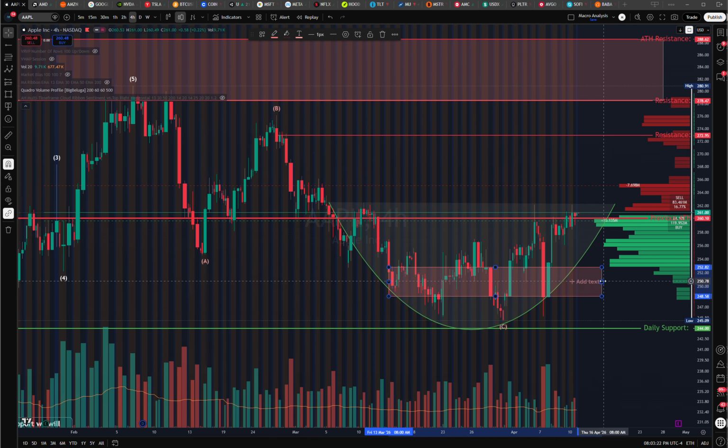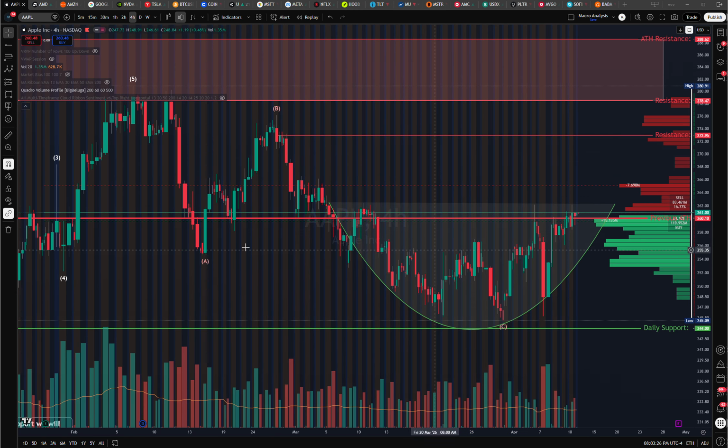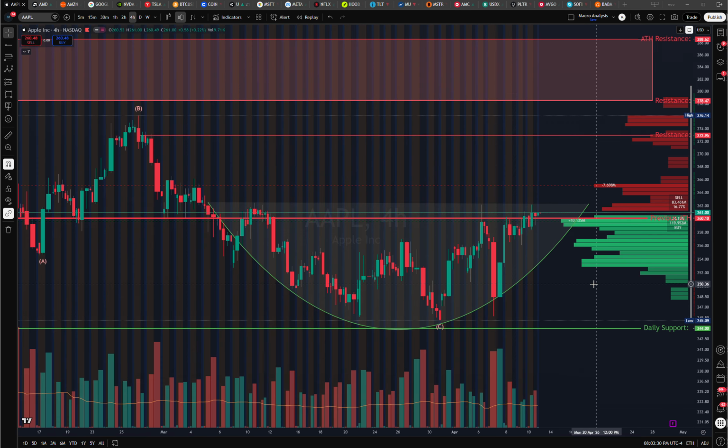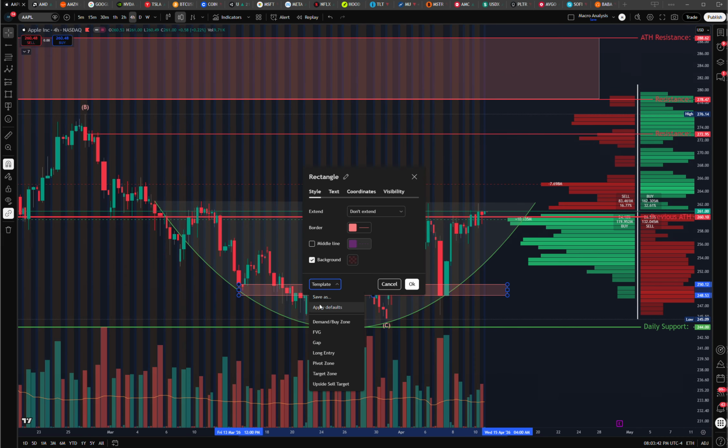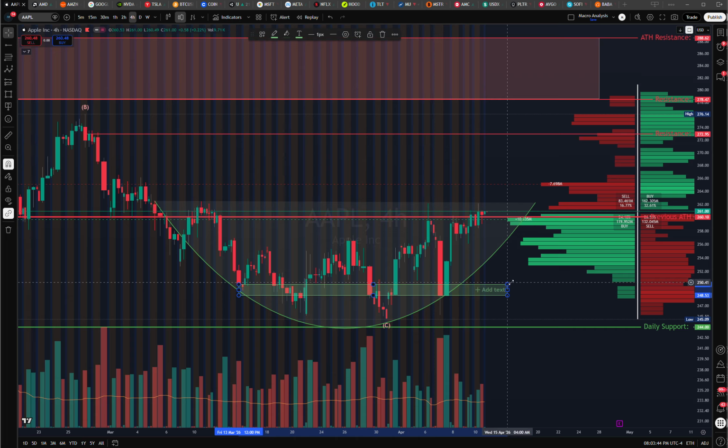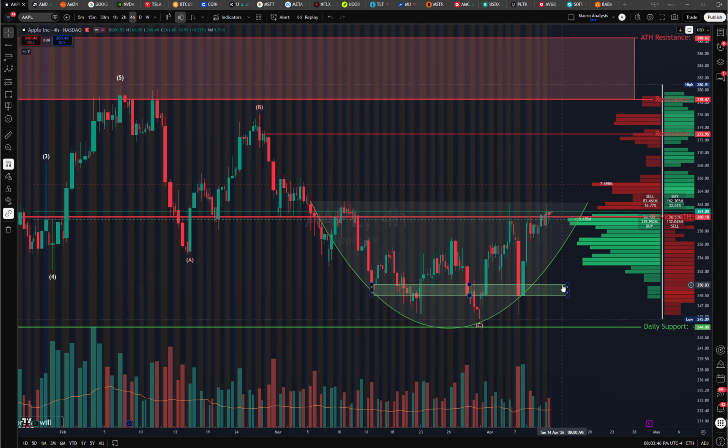So that is something I will feel more comfortable with if I'm to jump into a long position. It's not going to be here. I either want to see a pullback, find some sort of support, and then push back to the upside. If I see a pullback, obviously I want to see this key level here hold in Apple, which is around that 250 area to 248 area.